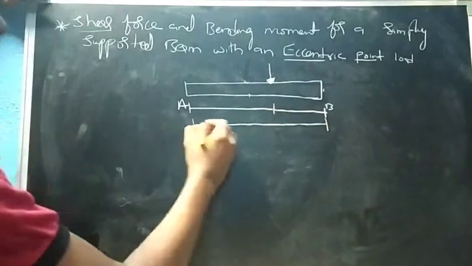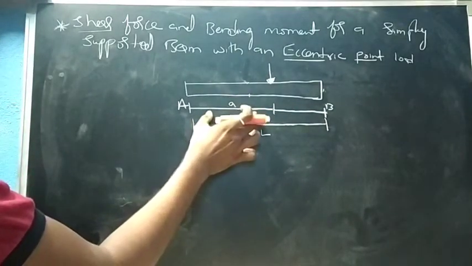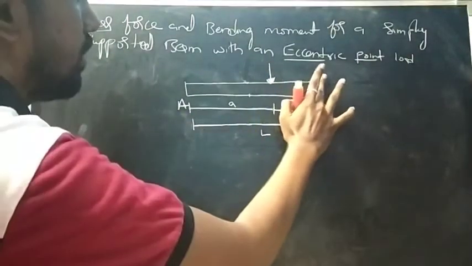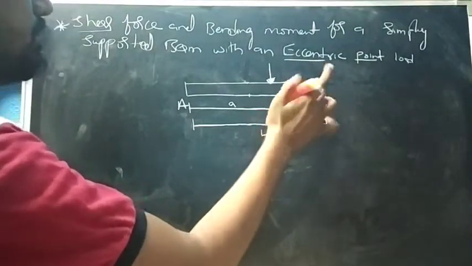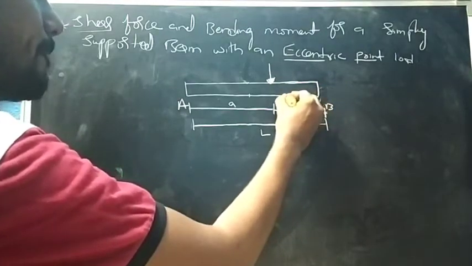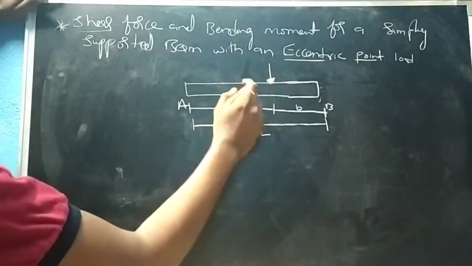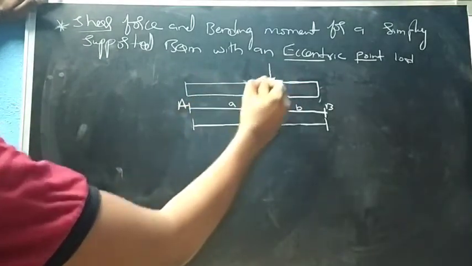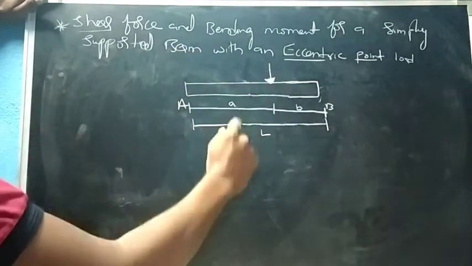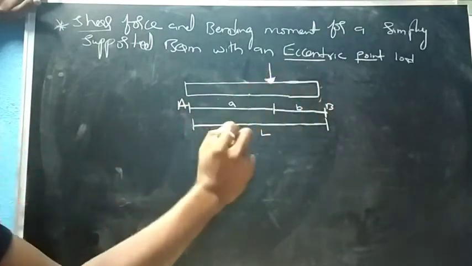Let us say this is the total length and this length is a little longer than the length B. So in this case, the load is acting away from the middle of the span. In the previous case, the load was acting exactly in the middle, so the length was divided equally.